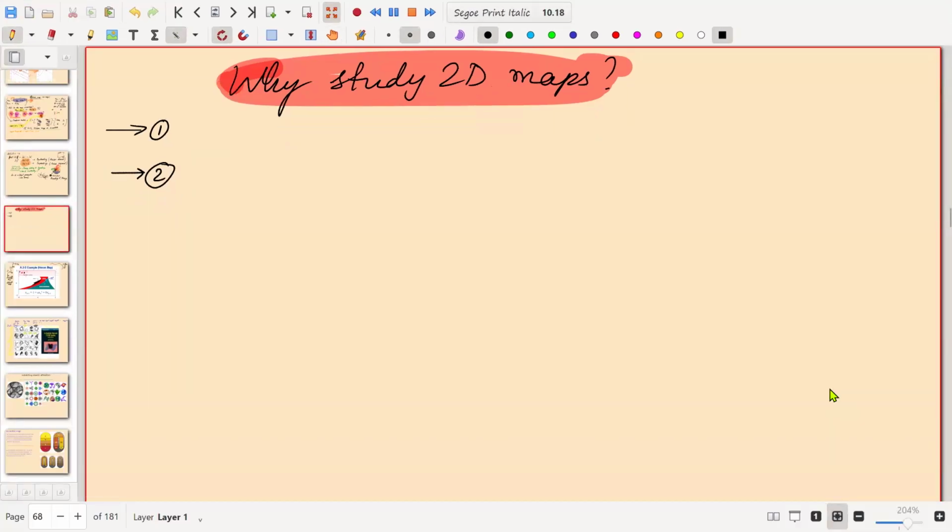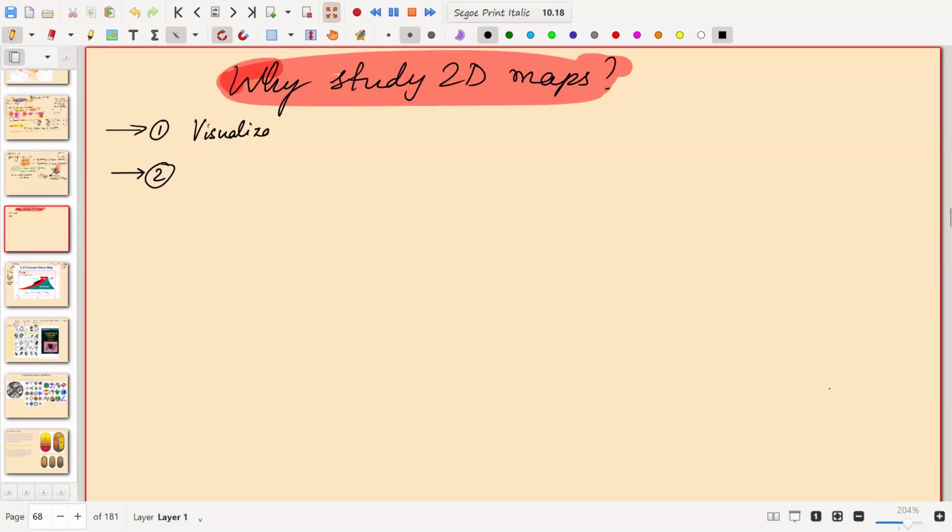So the question was, why are we studying 2D maps? If 1D maps are already there, and 1D maps are showing all chaotic behaviors, all periodic orbits, everything, why do we need to study 2D maps and increase the dimension and the calculations? One of the reasons is visualization.